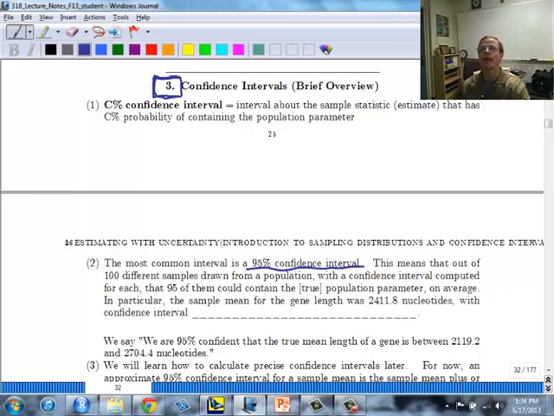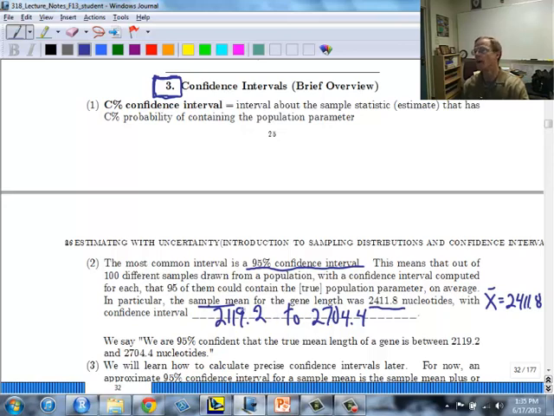And in a particular case, we'll just suppose that we had a sample mean of 2,411, that is x bar equals 2411.8. Now it turns out that the confidence interval in that particular case was 2119.2 to 2704.4.